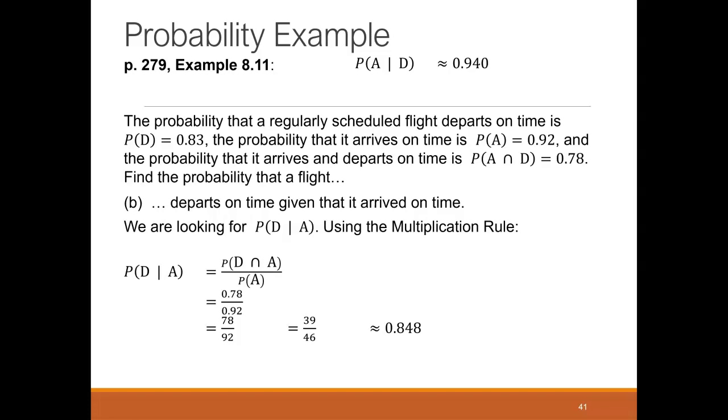Plug them into the formula. Is everybody okay? Hardest part about this is typically decoding what I have and turning it into a formula, right? So you know what to plug in where.